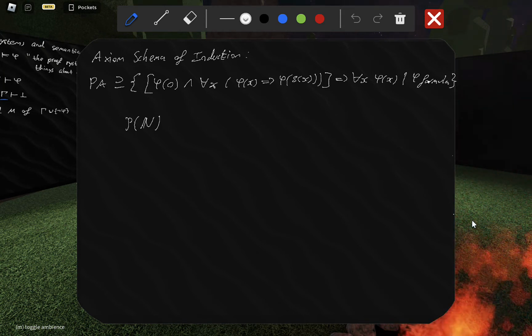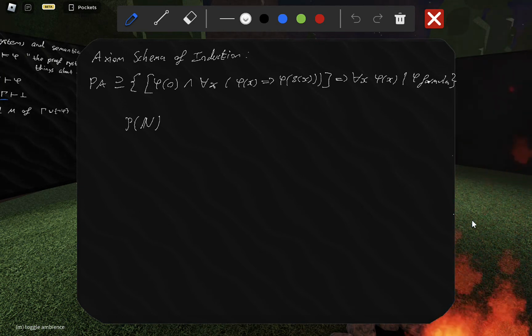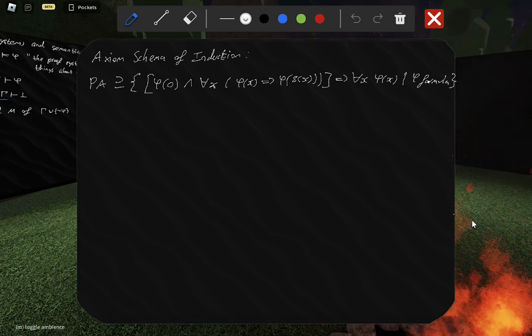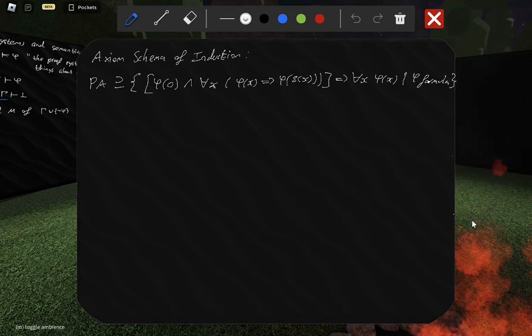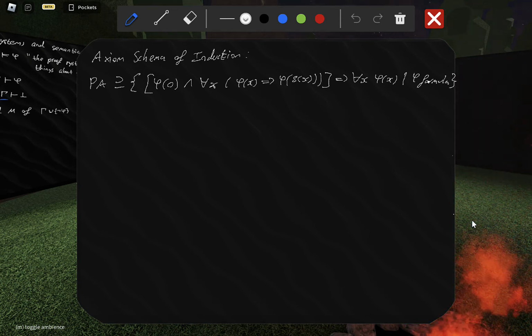Let me think about how to express what I'm saying. I don't really understand what this line means. So I get the induction axiom schema, but then this set is a set of formulas, not a... So what's the PA? Oh, that's the set of sentences in Peano arithmetic.